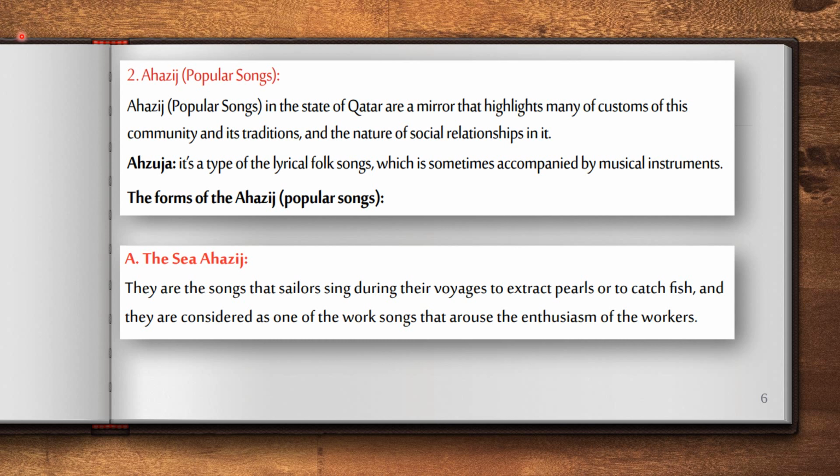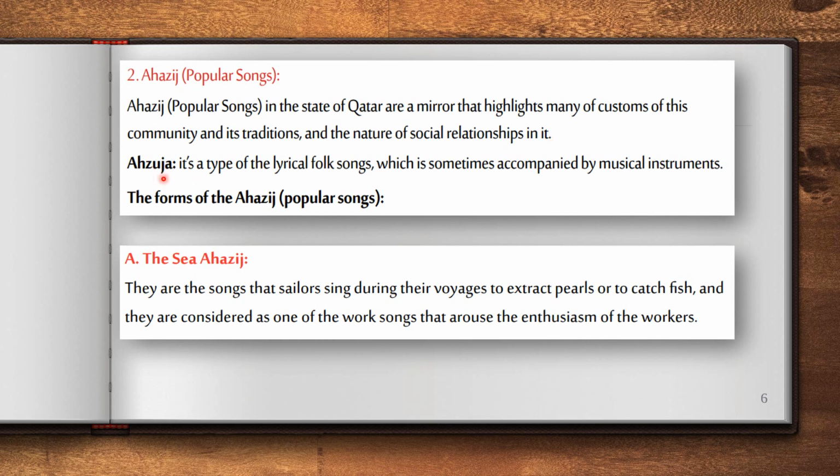Let's move to the examples of intangible heritage, the Ahazeej or the popular songs. In the state of Qatar, they are the mirror that highlights many of the customs of this community, its traditions, and the nature of social relationships in it. The songs of Qatar are based on folk songs, poetry, and dances.